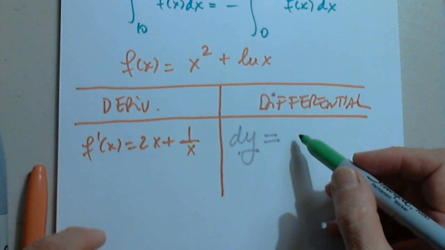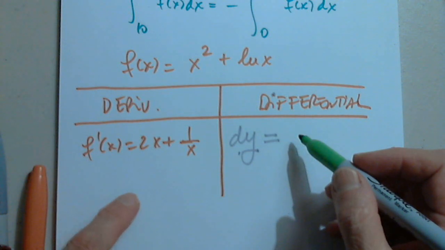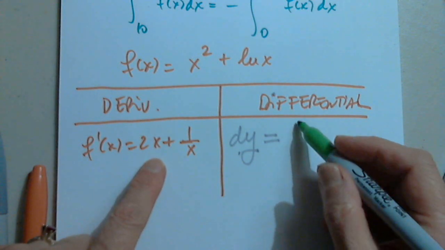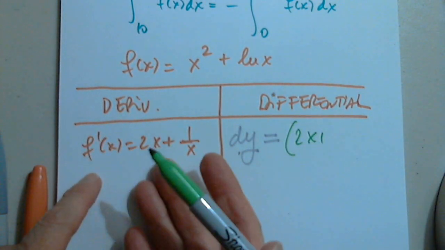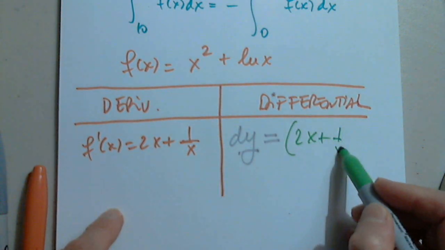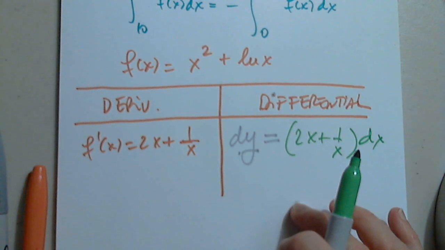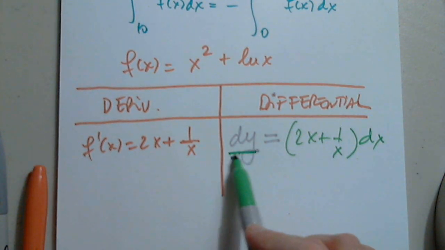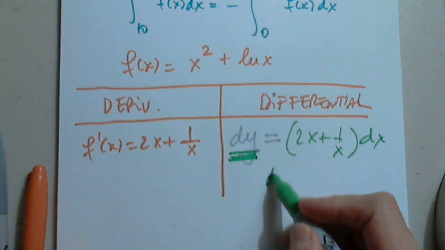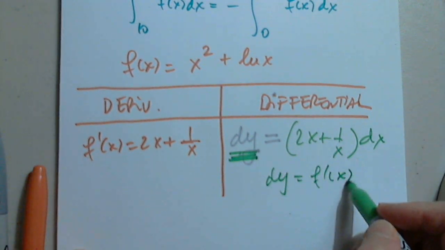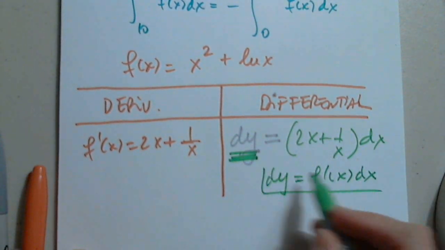Is this something times dx? Yes, not something, this. Oh yeah, it's just that plus dx. Excellent. That's it. So please understand the difference between the two. The differential of y is f prime of x times dx.